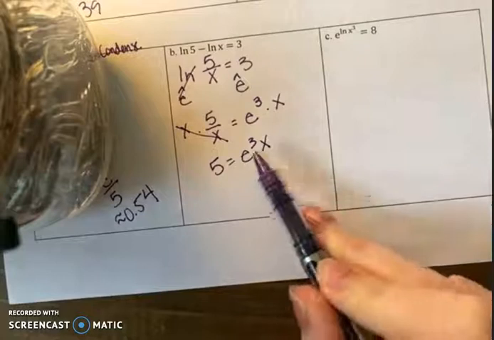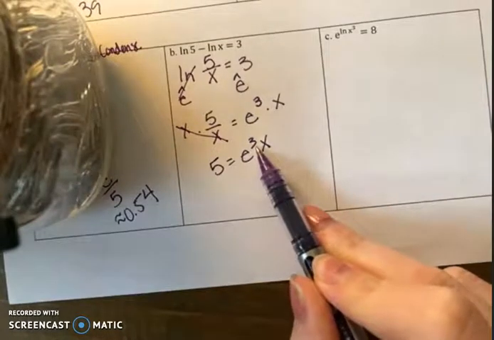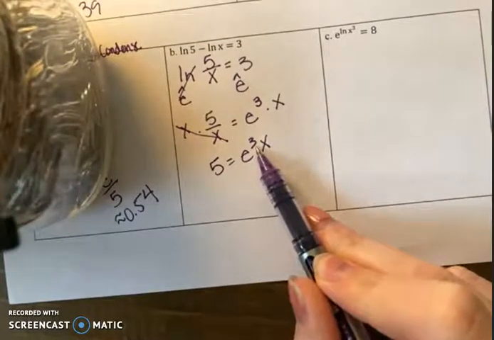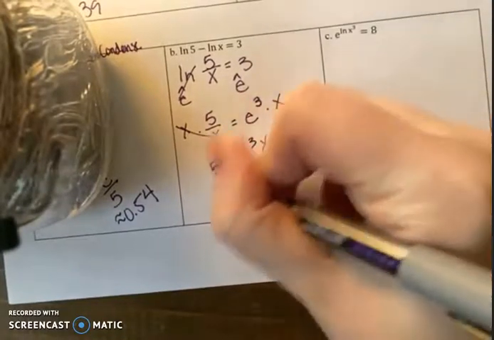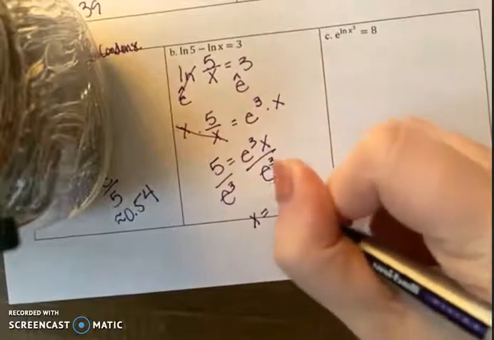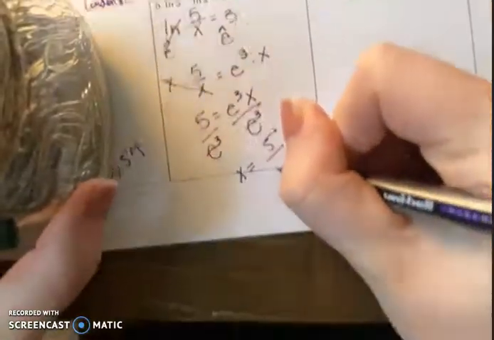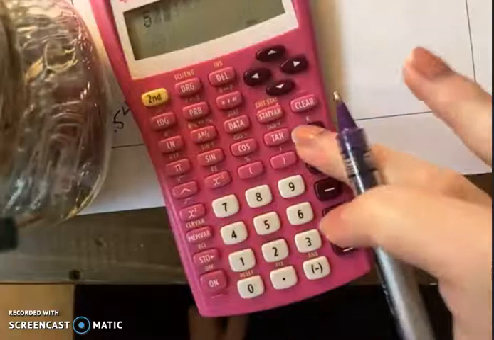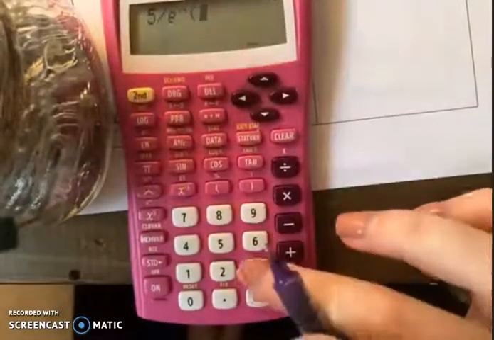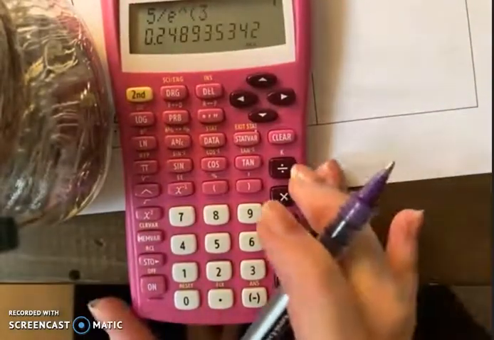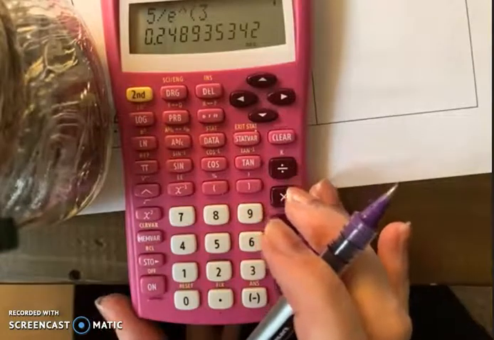Remember, e to some power is just a number, so treat it like any other number. Whenever we multiply x by a number, we get rid of it by dividing. So my exact answer is 5 over e cubed. But if I want to write an approximation for that, I'd plug it in, 5 divided by e cubed. I get approximately 0.25.